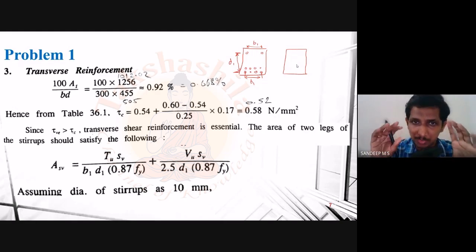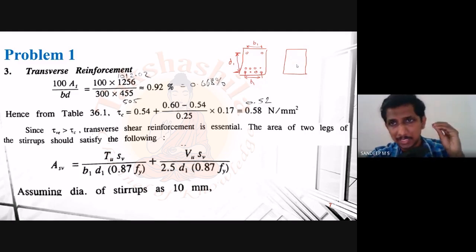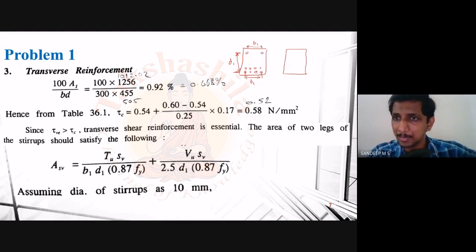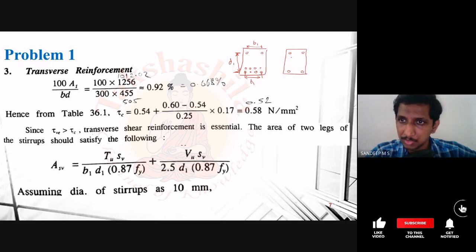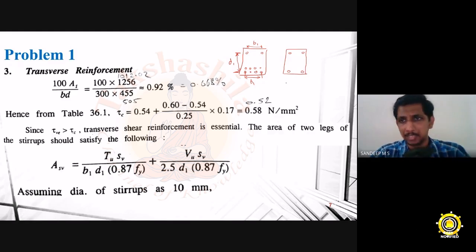The transverse reinforcement means your stirrups. In the case of these stirrups, it is enforced that you should have at least one reinforcement at every corner. So as a minimum, we will be having four reinforcements like this: one here, one at this corner, another at this corner, and another at this corner. And around this, we will be having a hoop. That is your stirrups.